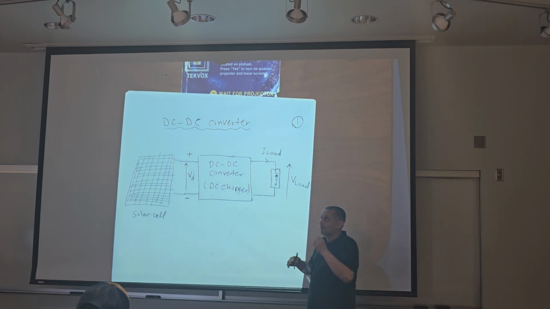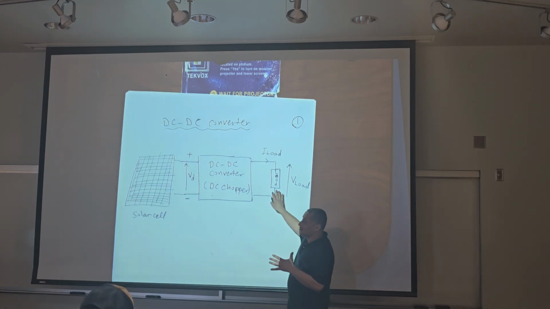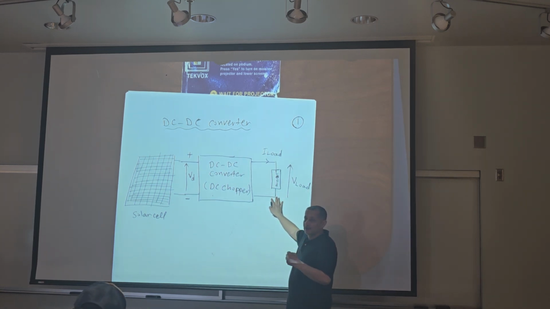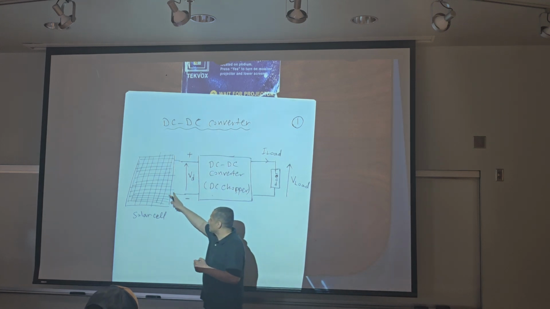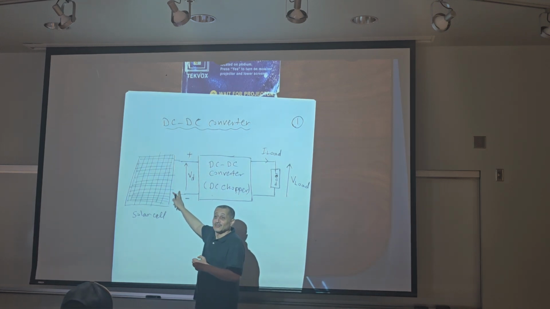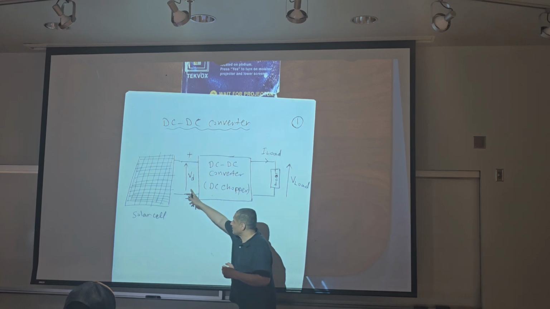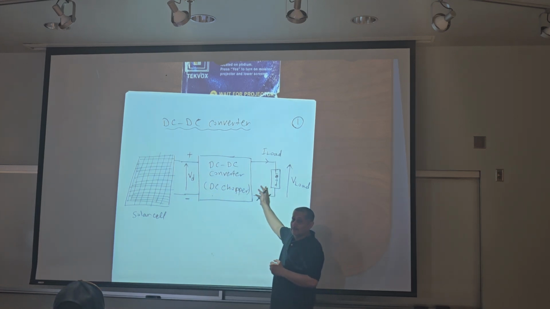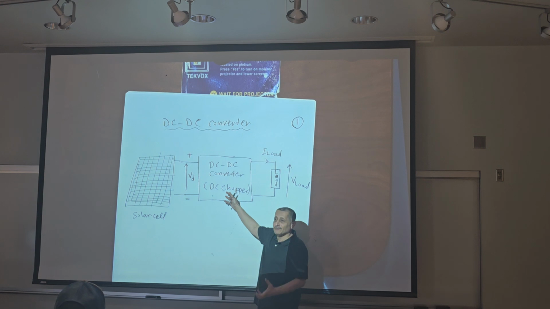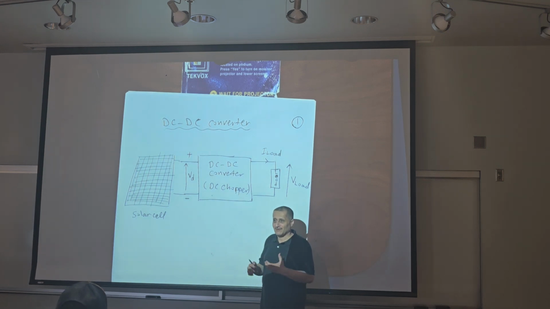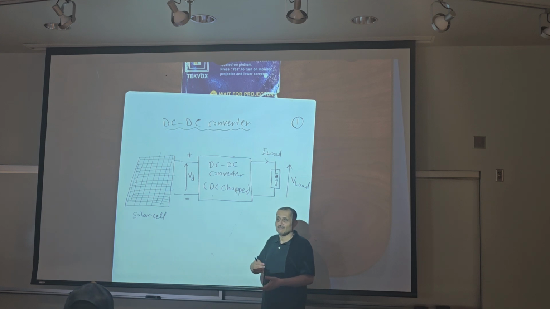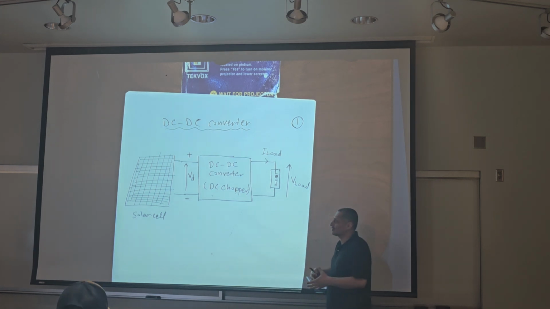Second circuit, maybe I have a load that needs 50 volts and the generated voltage is 100. So I can convert 100 volts to 50 by using a step down DC to DC converter, the buck converter.